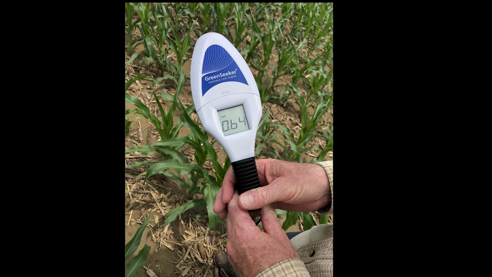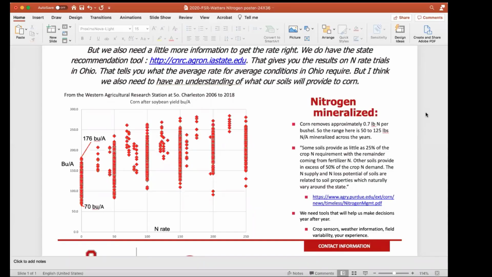This year, we went into that dry period in June, and mineralized nitrogen actually dropped off. And so in a year like 2020, I think it's going to take a pretty high nitrogen rate actually to maximize our corn yield, or timing and placement could offset some of those issues.